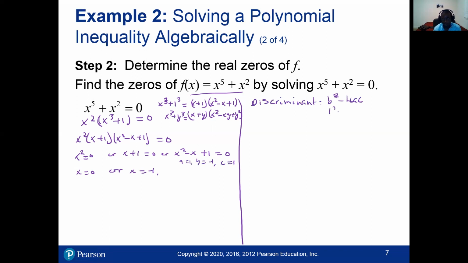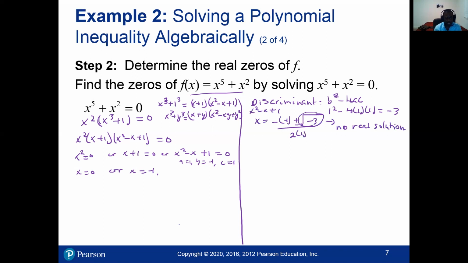So that is 1 squared minus 4 times 1 times 1, and that will give me negative 3. So if I want to solve this equation, x squared minus x plus 1, I have 1 plus or minus the square root of negative 3 over 2 times 1. Because of this part, it has no real solution.